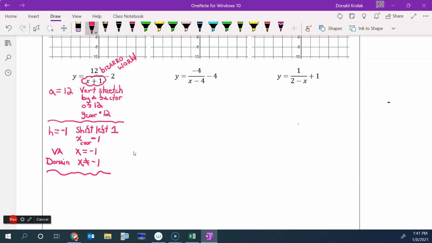And then finally, our K is going to be 2. Shift our horizontal asymptote.